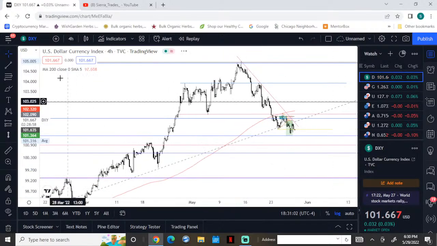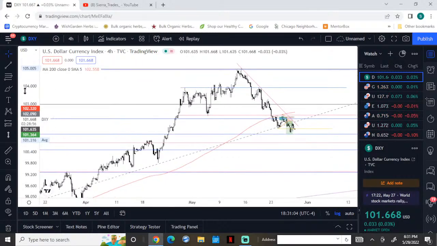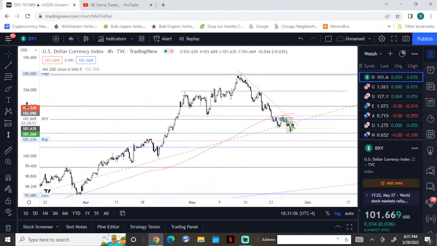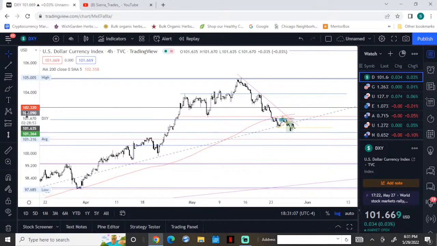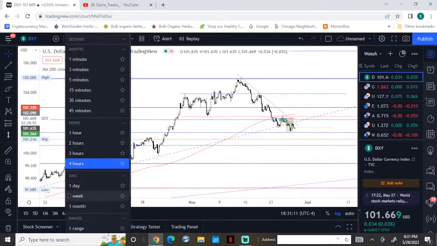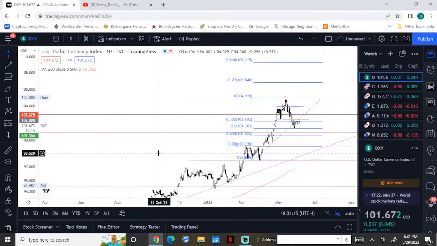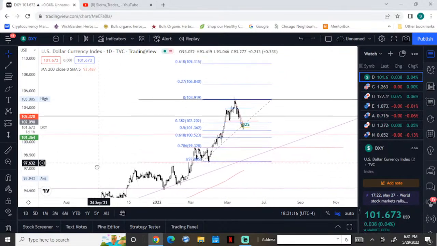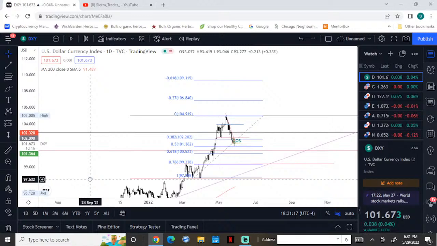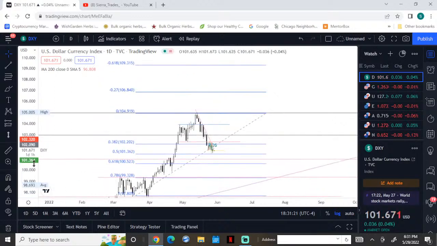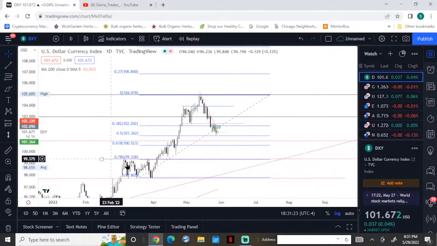This is my dollar markup from last week, which on the daily, I saw this fib. So we had our point A, our triple bottom.